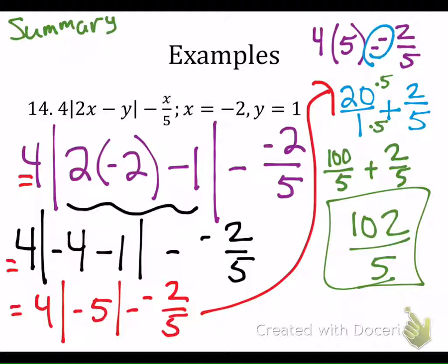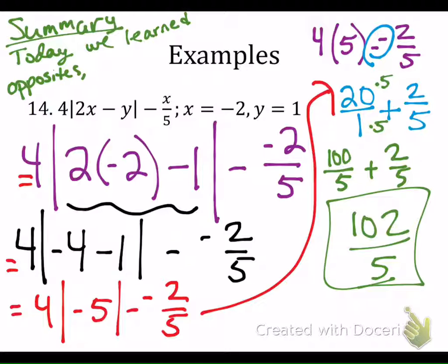All right, I think a few of you might need extra time with this, so I'm going to put our summary right into this slide. Today we learned a lot. Come on. You gotta do this. What's the first thing we talked about? We talked about opposites. We did absolute value.